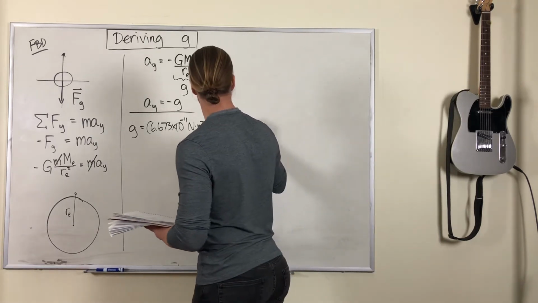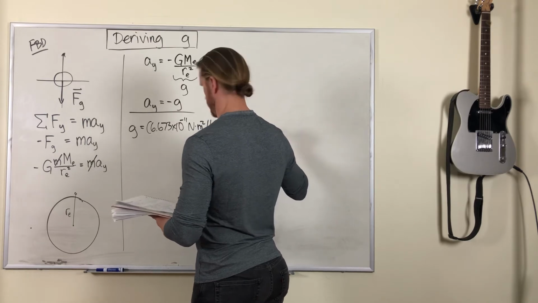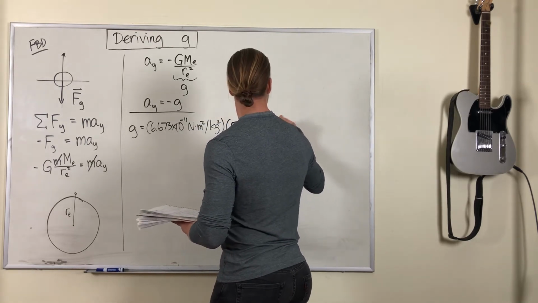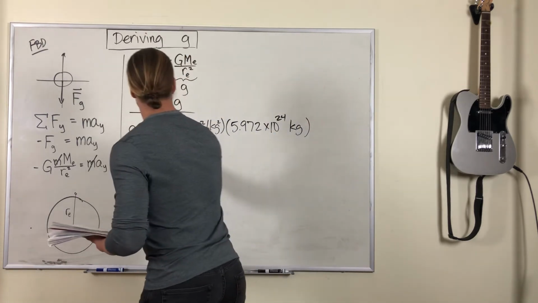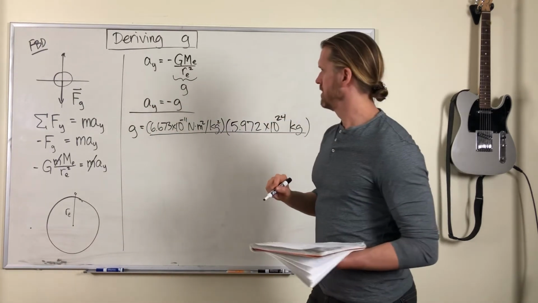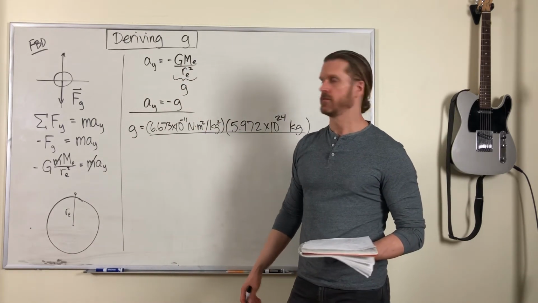It's 5.972 times 10 to the 24 kilograms. And then we divide by the radius of the Earth.